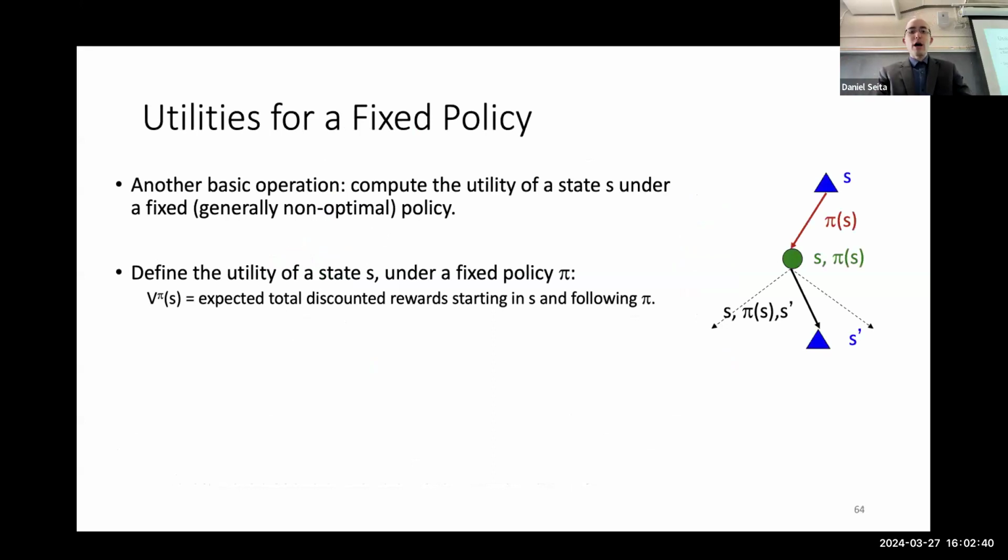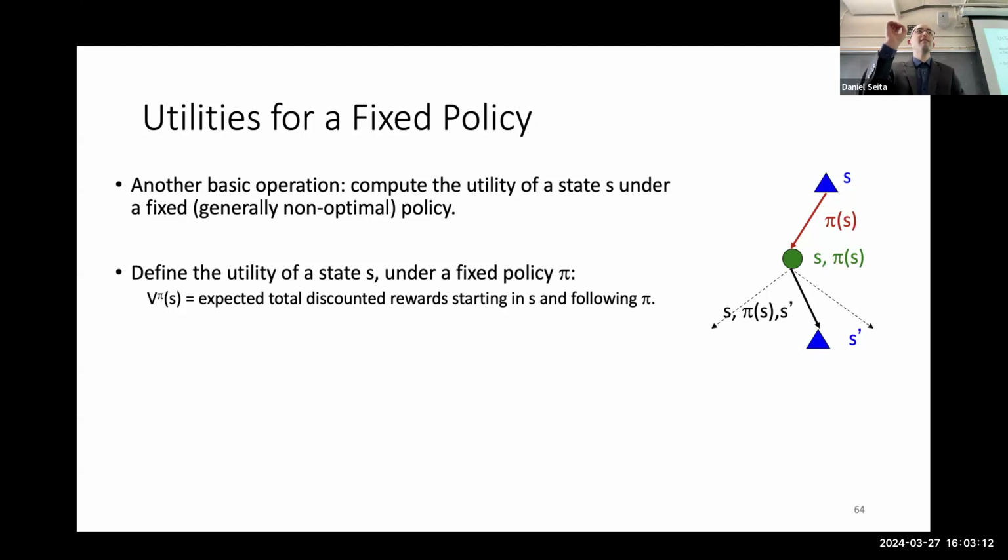And then we also talked about utility for a fixed policy. A basic operation is to compute the utility of a state S under a fixed, generally non-optimal policy, because if you take policies at random, the vast majority are not going to be anywhere near optimal. That's why we have V pi of S here, which represents the expected total discounted reward starting in S and following pi.